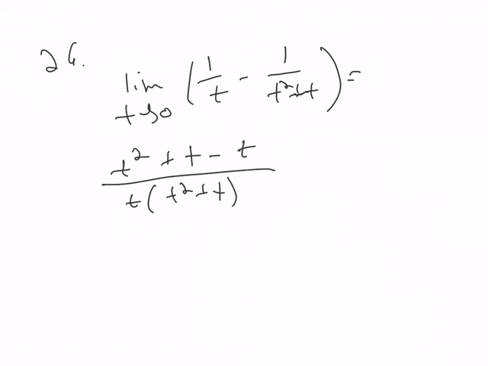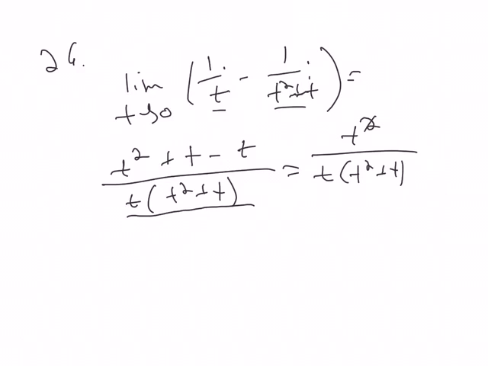This is from finding the common denominator, right? We multiply this and this by t squared plus t, and we multiply both of these by t. So then on the bottom we have t times (t squared plus t), and now we can do the minus part, put them together. So this is the same as t squared over t times (t squared plus t).